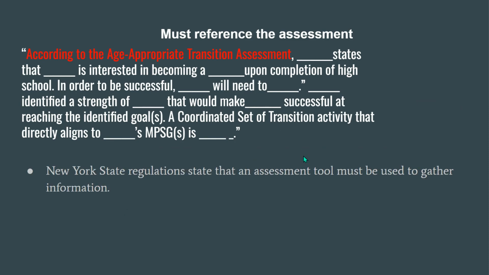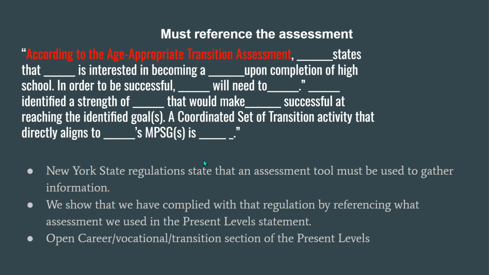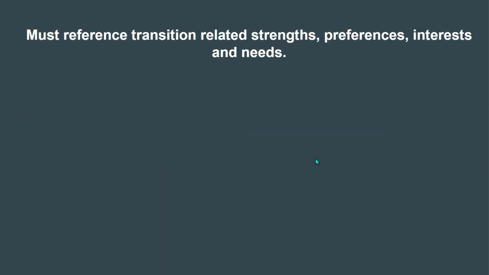Per regulations, it is literally written that we must use some sort of assessment tool to gather information about the student. So we show that we did that both in the evaluations and by referencing what we used in our sentence in the PLEP. And we also make it very clear, and we put it in its own section, the career vocational transition section.